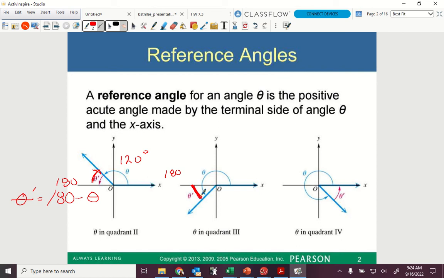It could be, but I'm trying to set up a formula for this. So if you look at my quadrant 2, I said it's 180 minus theta to get my reference angle. To get my reference angle here, I would do what?